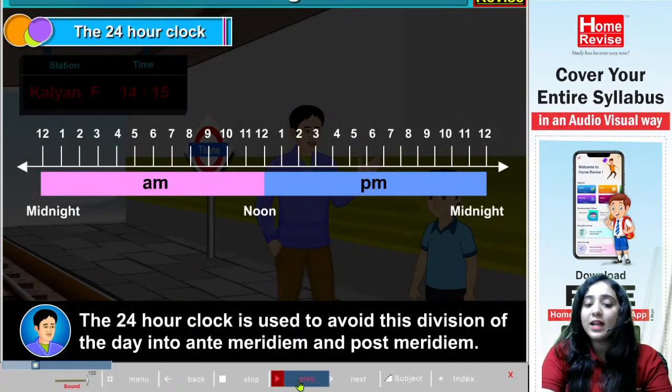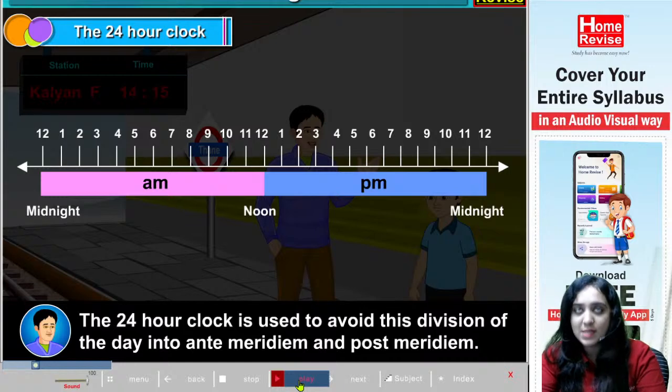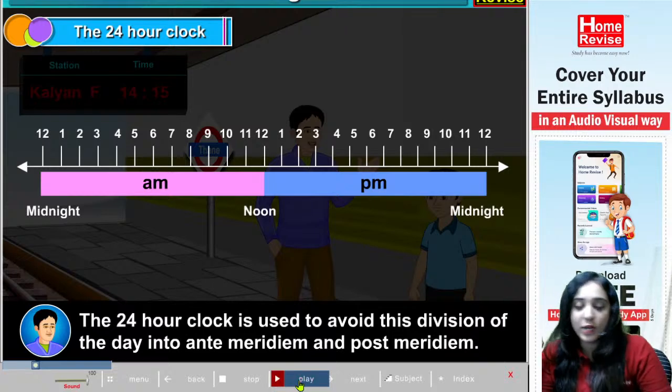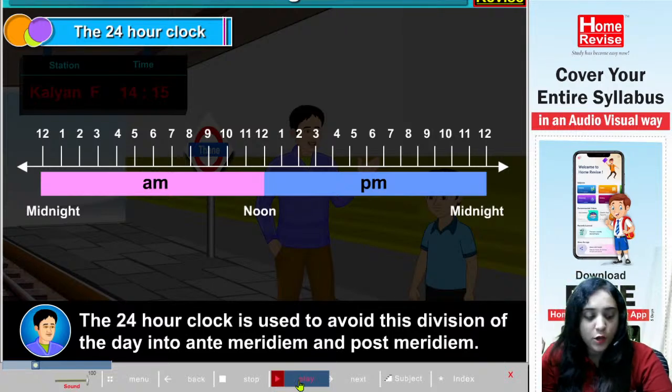Now, how many of you are aware about this timings? If I say 15:05, that means exactly कितना बजा है? Who can tell me? Do you all know about this?